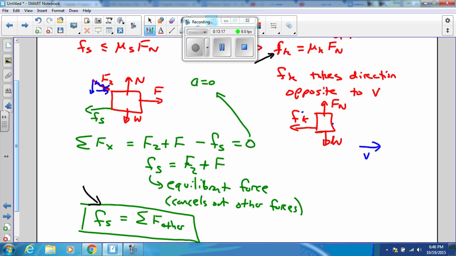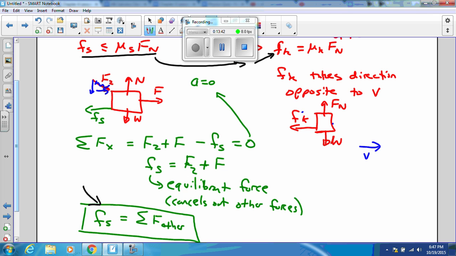The kinetic frictional force will be equal to mu times the normal. And we also have a good idea about when we transition from one to the other. As soon as my static frictional force gets to be equal to mu s times Fn, which is the max, then the object will transition over to the other type of friction.